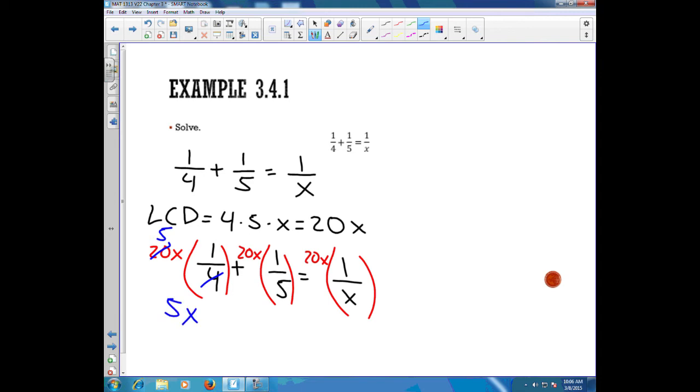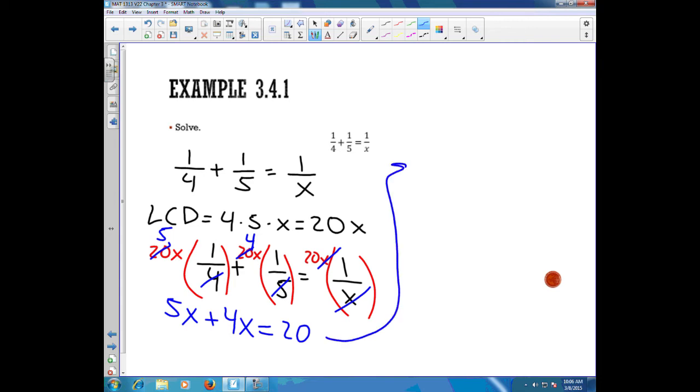In the second term, we get 20 divided by 5, which leaves 4x. And in the final term, x divided by x, those cancel out, and we're just left with 20. And so by finding the least common denominator and multiplying everything, we've gotten rid of all the fractions.